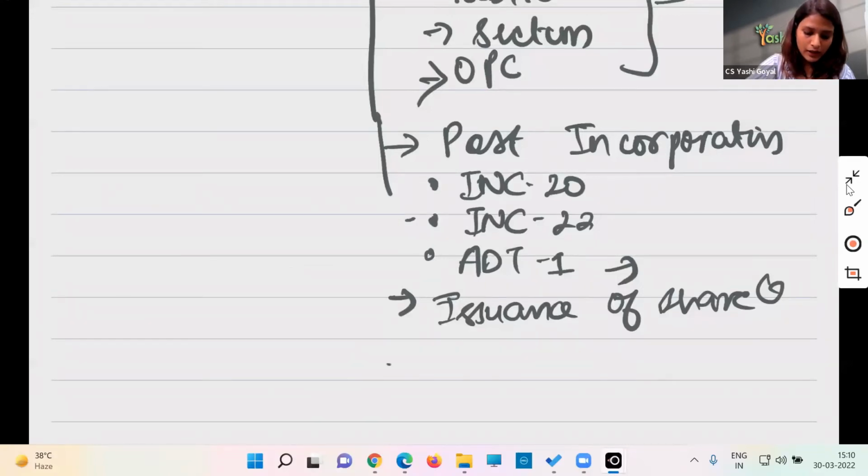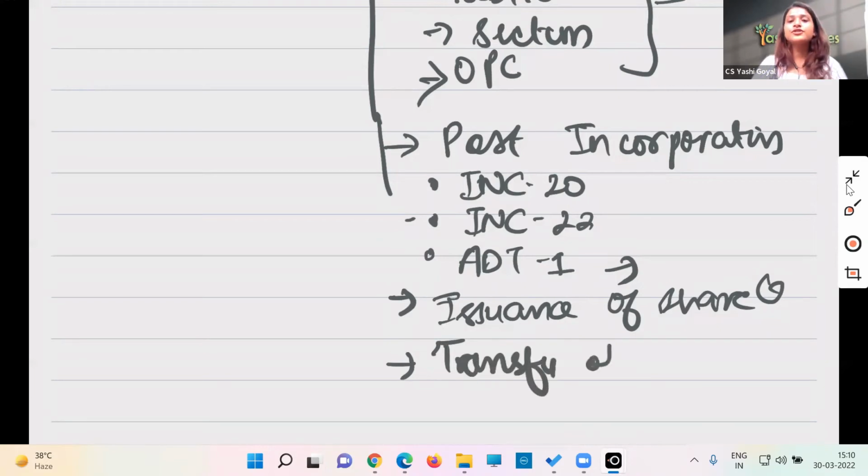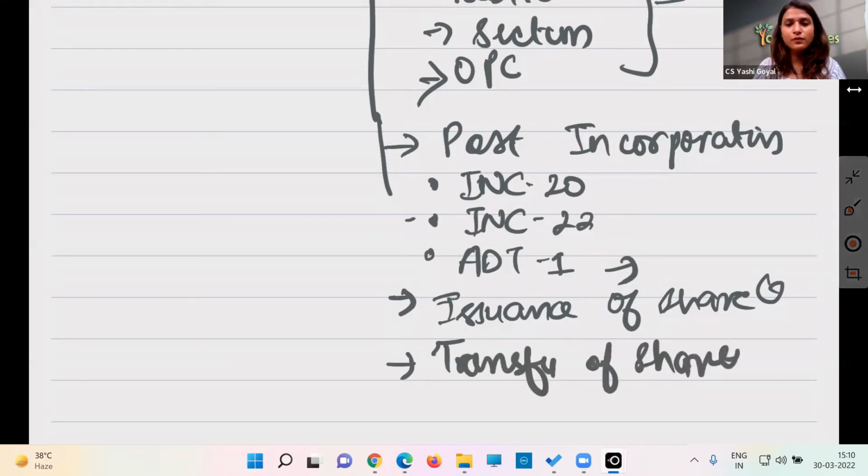Along with this, we would also be studying the transfer of shares. Transfer of shares is done very frequently. When the director is changed in a company, they majorly transfer their shares also.